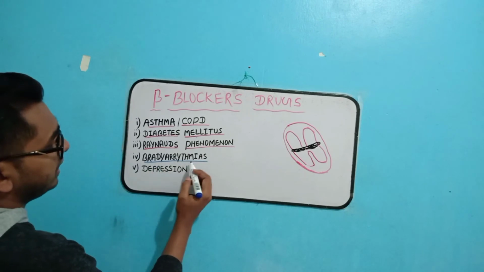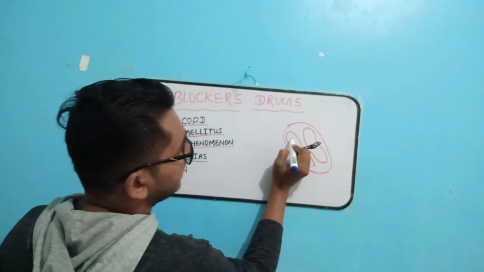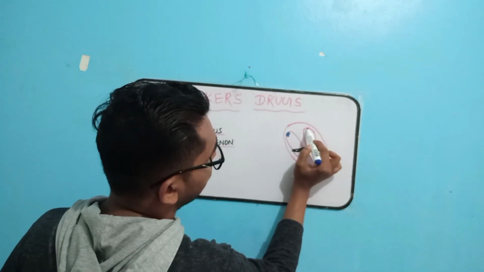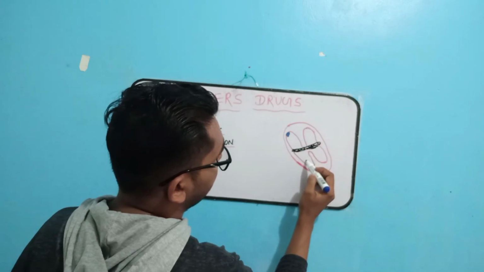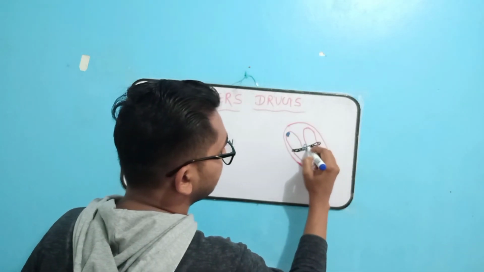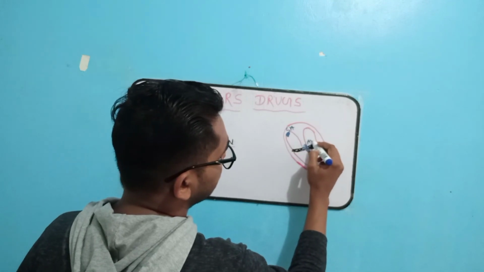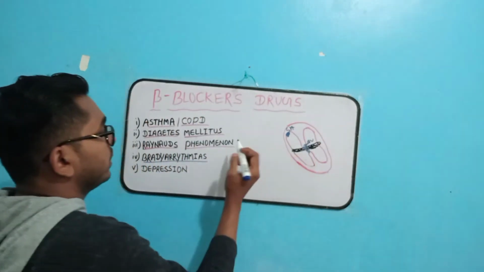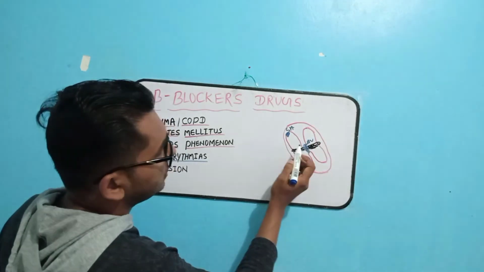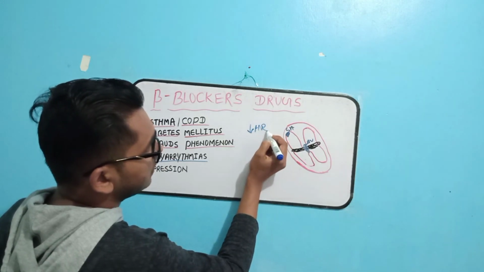Fourth is bradyarrhythmias. This is very easy to understand. Suppose this is the right atrium, this is the SA node, this is the left atrium, this is the right ventricle, this is the left ventricle, and here is the AV node. In this condition there is already slow conduction, so there is a reduced heart rate.